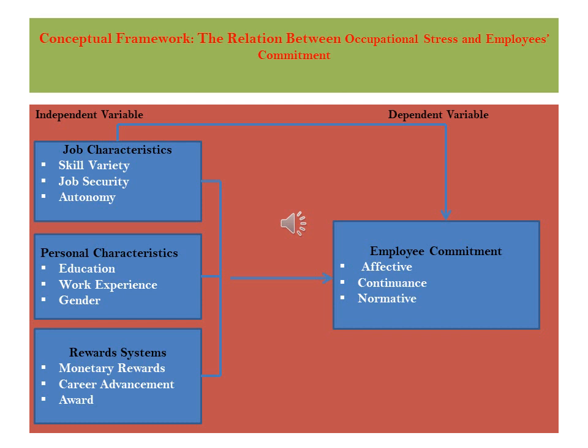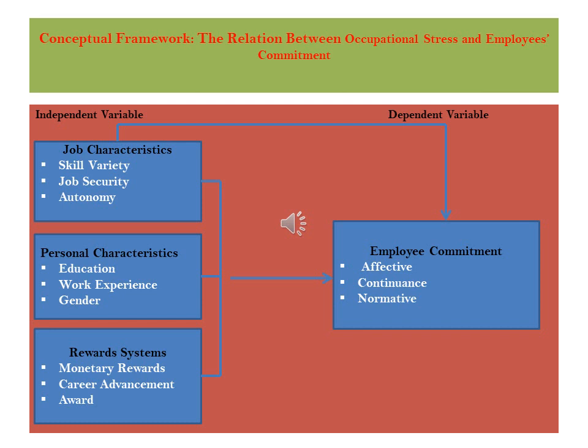Now, second objective, we have personal characteristics. That is, what are the attributes of employees that you intend to examine and in which you can make inference regarding how they affect employee commitment? So in this case, we have education level of the employee, work experience of the employee, as well as the gender of the employee.